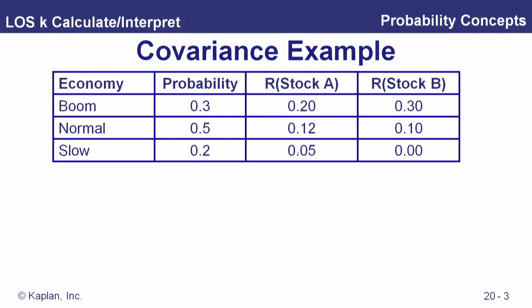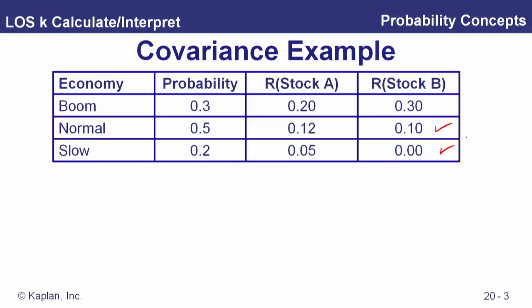And our other stock B, we think it'll do real well in a boom economy with a return of 30%. In a normal economy, we expect it to return just 10%, and in a slow economy, no return at all.